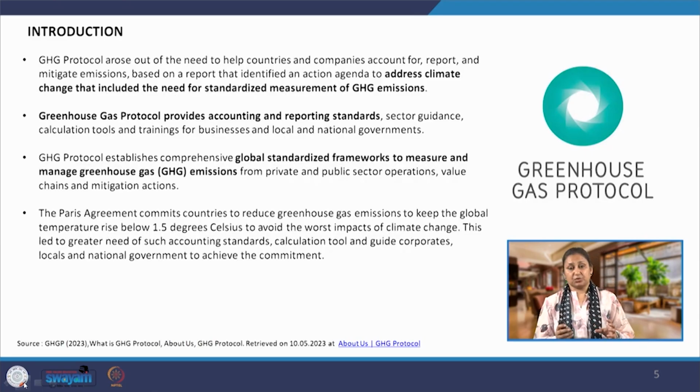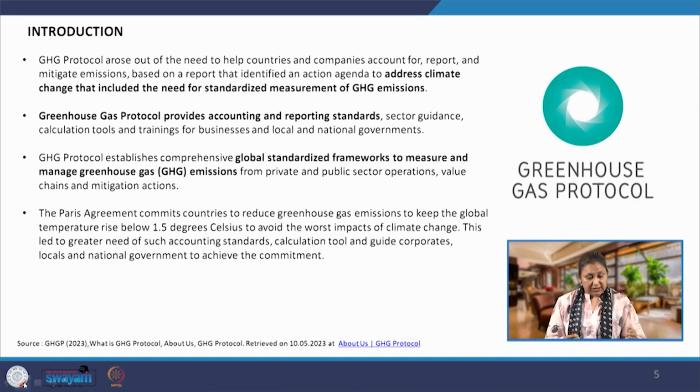We will look at a very brief history, because we talked till the Paris Agreement 2015. The GHG protocol had already come into existence by that time, but it was after the Paris Agreement that the activities gained momentum, and the whole protocol, which had already been prepared, actually came to light, and it is in use more and more.